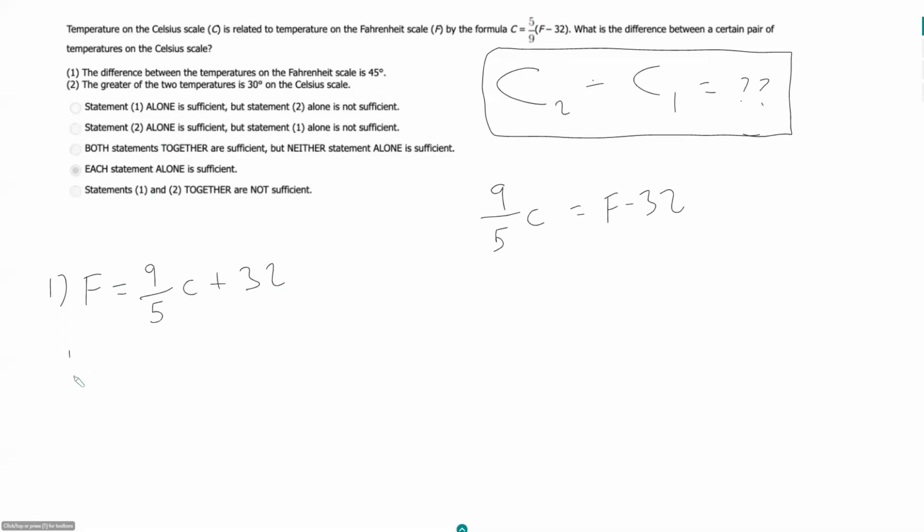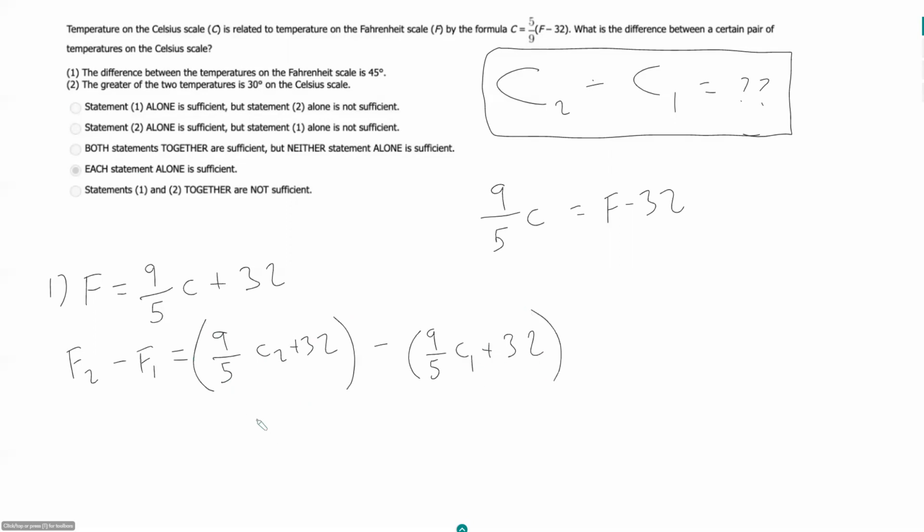So F2 minus F1, which is really 9/5 times C2 plus 32, so this is our F2 minus our F1, which will be 9/5 times C1 plus 32.